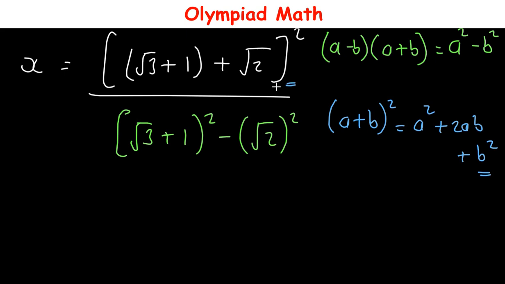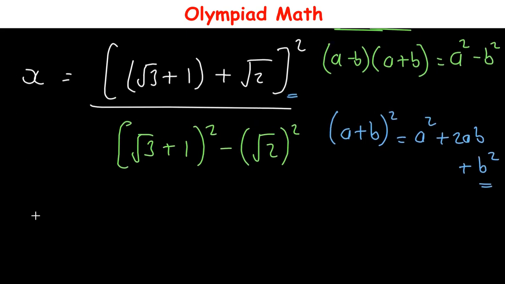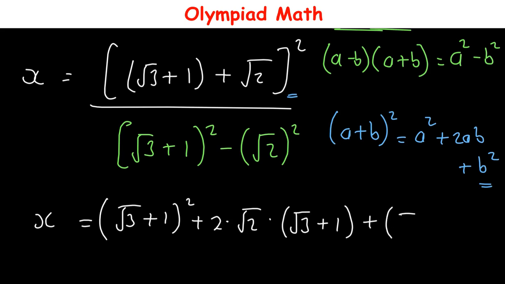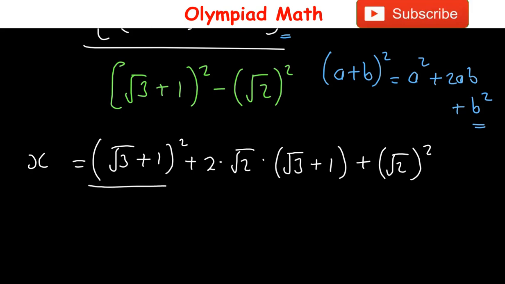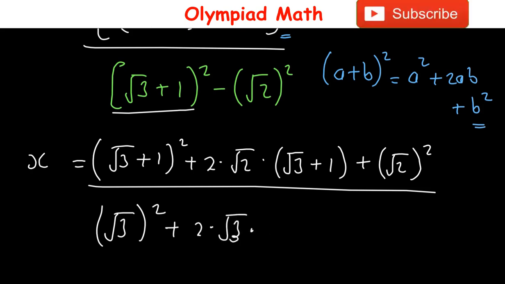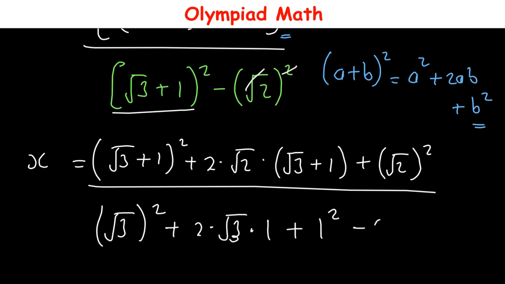Applying this rule right here, x is then equal to, in bracket, square root of 3 plus 1 all squared, plus 2 times square root of 2 times, in bracket, square root of 3 plus 1, close bracket, plus, in bracket, square root of 2 all squared, divided by, this will give us a value that equals, in bracket, square root of 3 all squared plus 2 times square root of 3 times 1 plus 1 squared. Then square will cancel square root, we have minus 2.